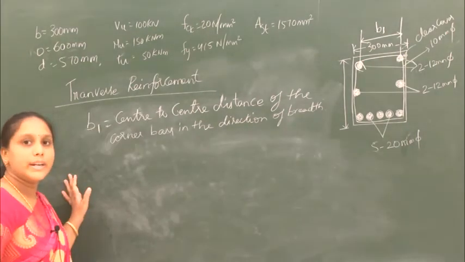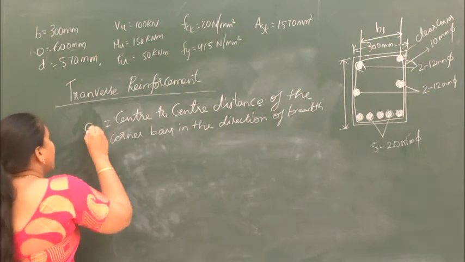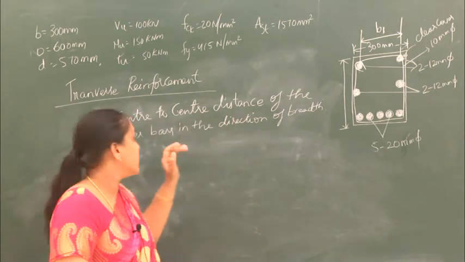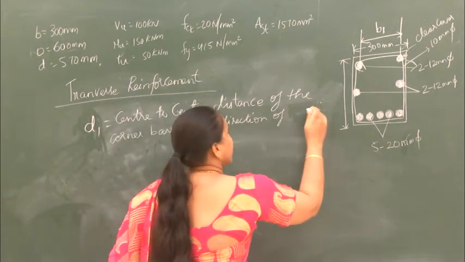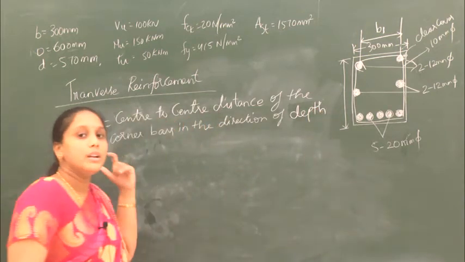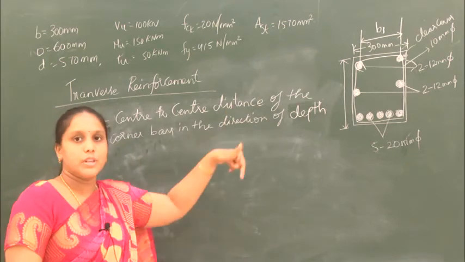Now in a similar way, let us calculate the D1 value. So what is D1? D1 is nothing but the center to center distance of the corner bars in the direction of depth. Here B1 is in the direction of breadth and D1 is in the direction of the depth.